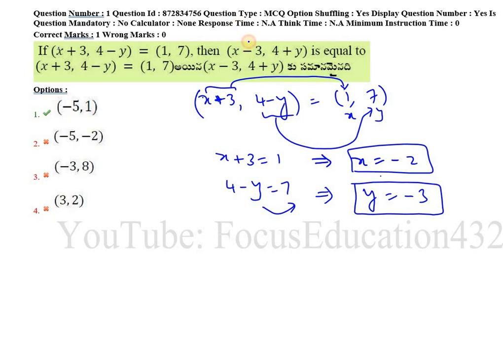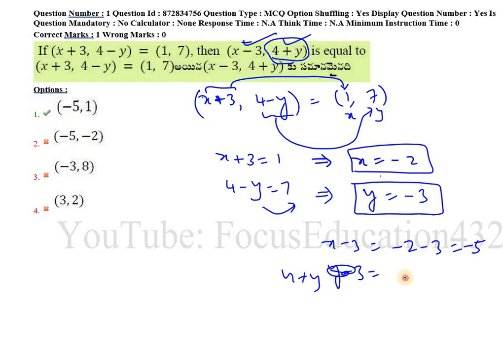Now what we have to find? x minus 3 and 4 plus y. So x minus 3 means x value is minus 2, minus 3. So x value will be minus 5. And 4 plus y means 4 plus, what is the value of y?